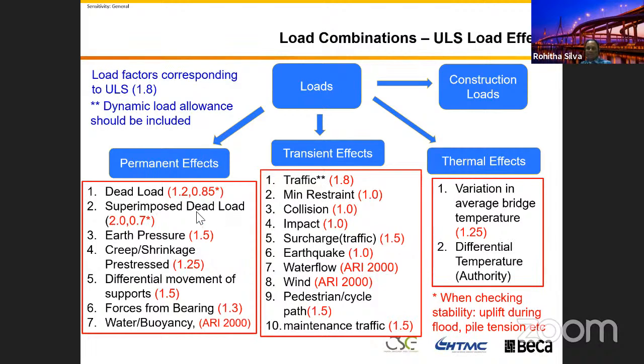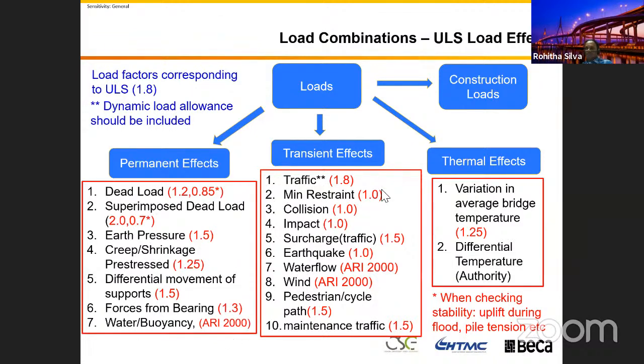For example, if you reduce these values in the bridge, and you take a pile, sometimes the pile may be under compression with the 1.2 and 2 dead load condition, but if you use 0.85 and 0.7, it may be under tension. Then you need to go back and check that your pile can take that tension, and that your bearing will have an uplift. So the design code needs you to look at this.